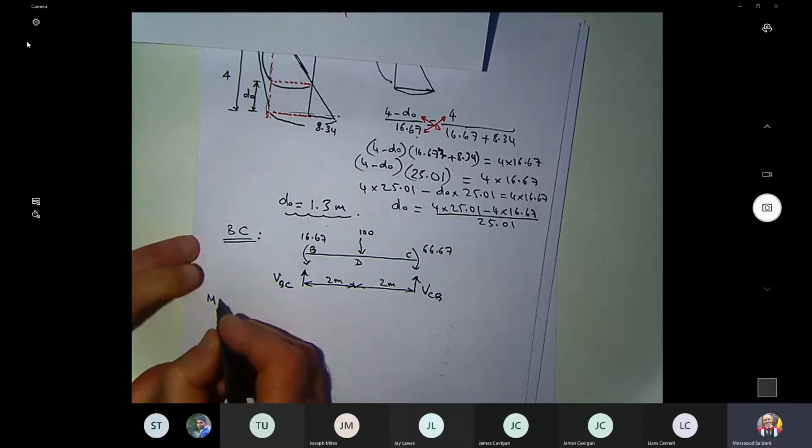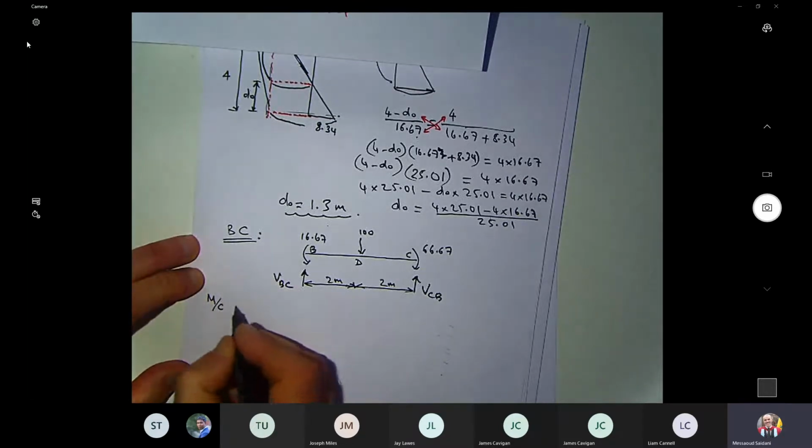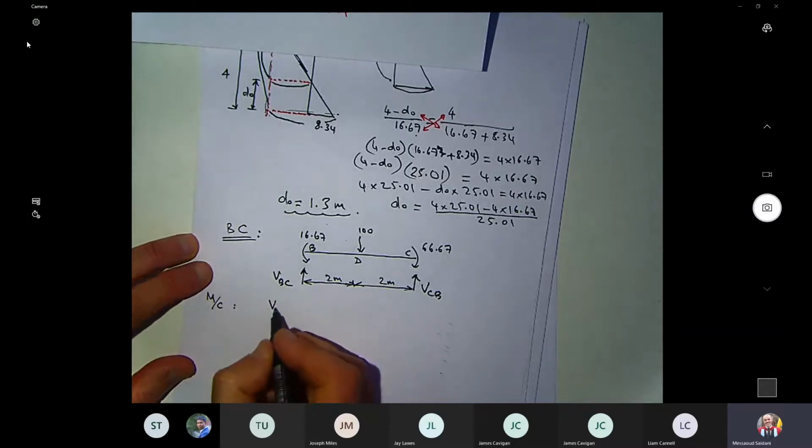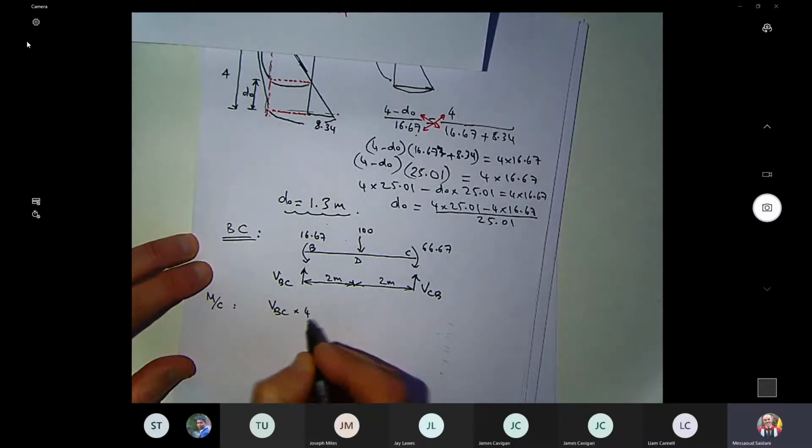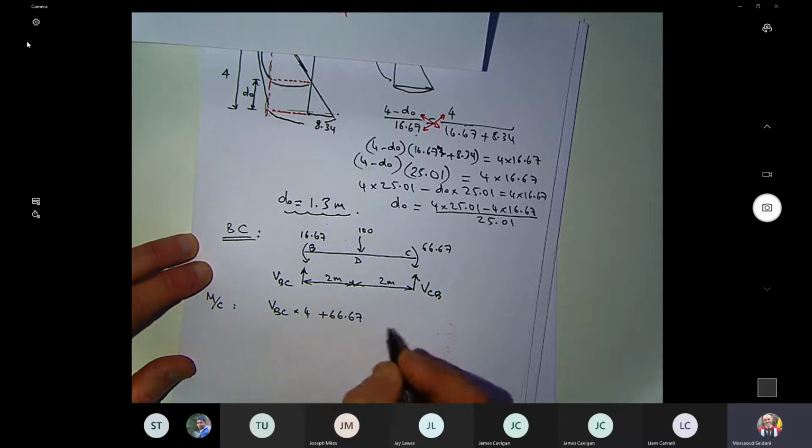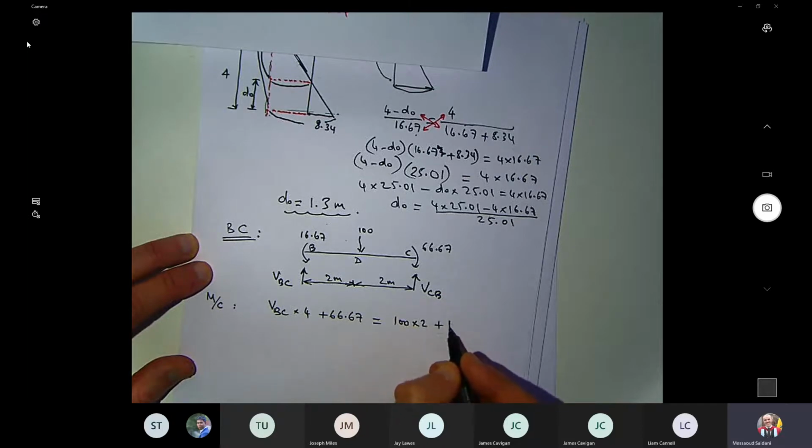Let's start about C, for example. Clockwise, we have VBC times 4, and then clockwise, we have 66.67, and then equals, anti-clockwise about C, we have 100 times 2 and 1667.